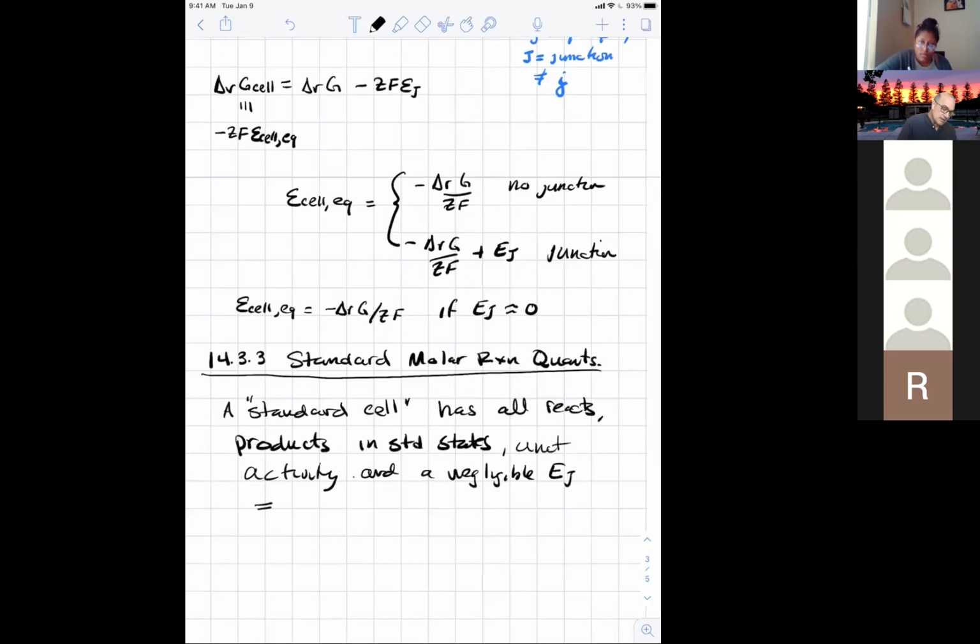So what this gives us is something we could call the standard cell potential.